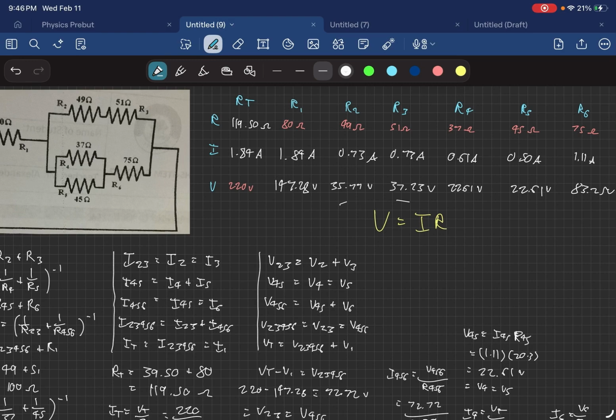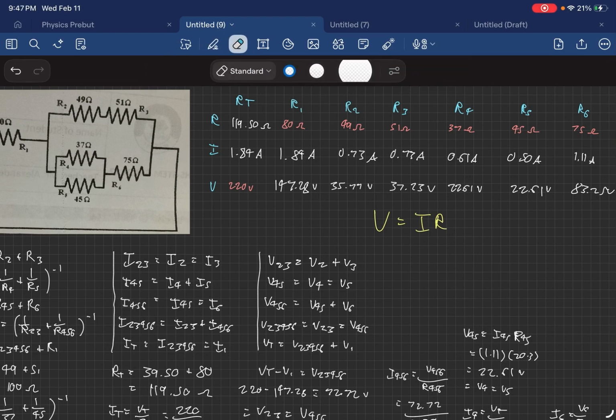So if you want to double check your answers, you can look at your equations, but also look at which voltages are in series. If they're in series, you add them up and see if they match the total voltage.